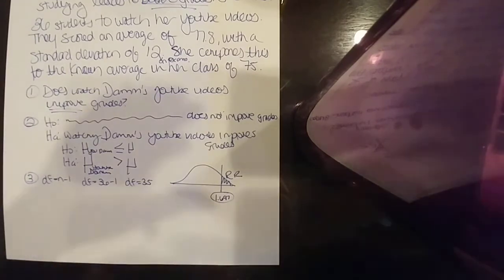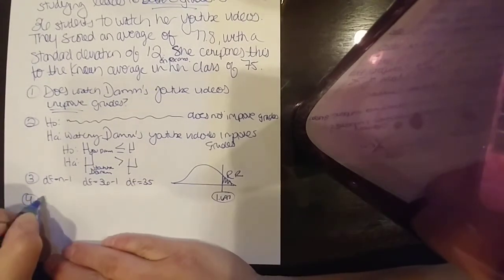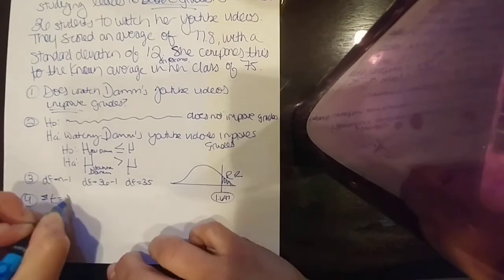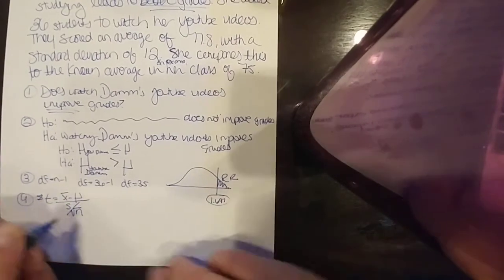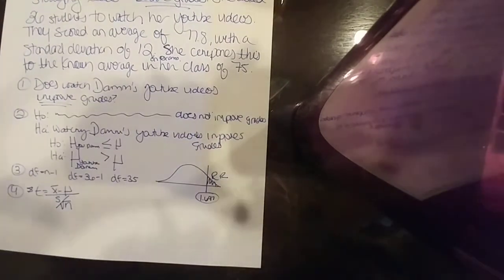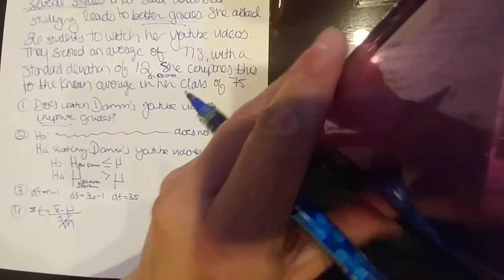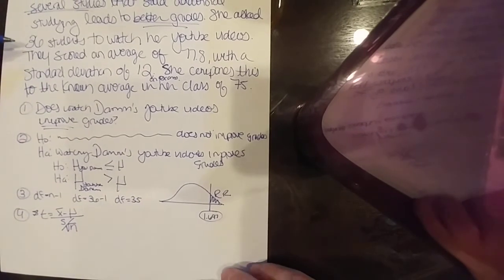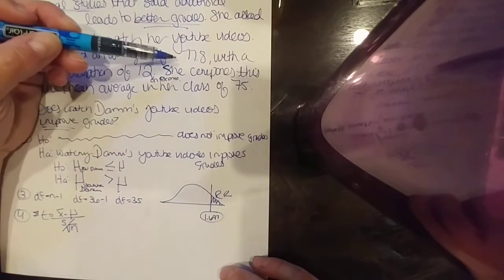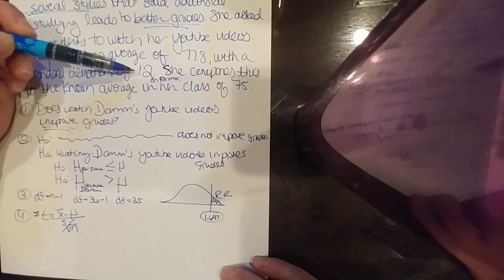Now we're going to do the math. So for step 4, we're going to use the formula x bar minus mu divided by s divided by the square root of n. So that's going to come out from our story. Hopefully we can see both here. So x bar is from the sample. See, she took a sample of 36 students and got an average of 77.8 and a standard deviation of 12.